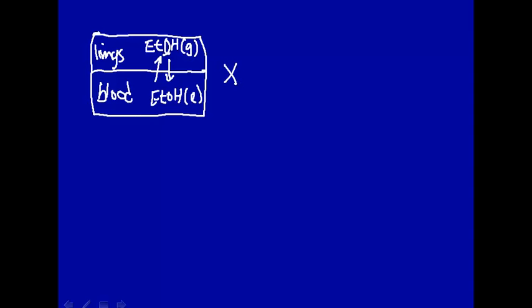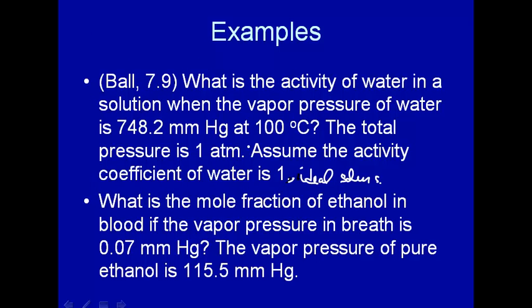So the mole fraction of ethanol in the liquid phase, that's X, is equal to the pressure of ethanol above the solution divided by the pressure of ethanol pure. All right, so what was the pressure? It is 0.07 millimeter mercury.